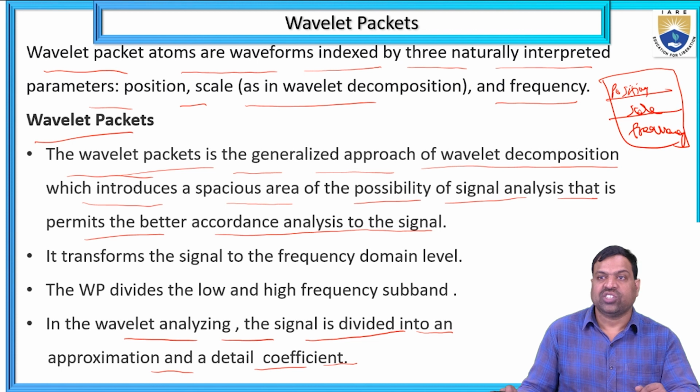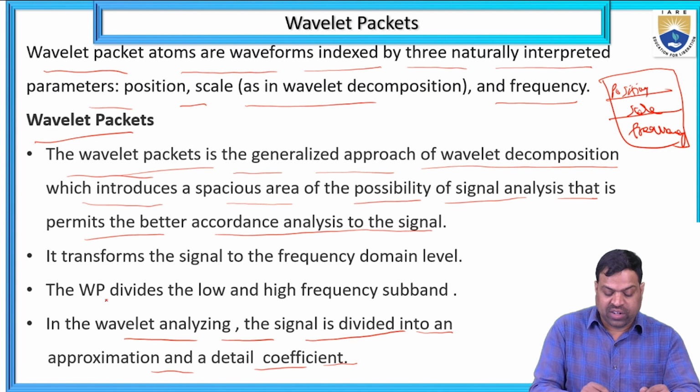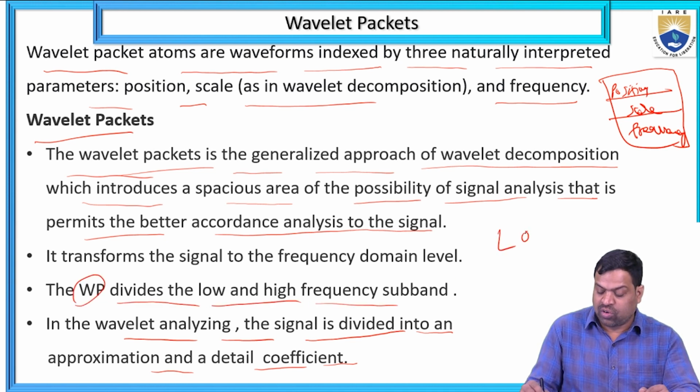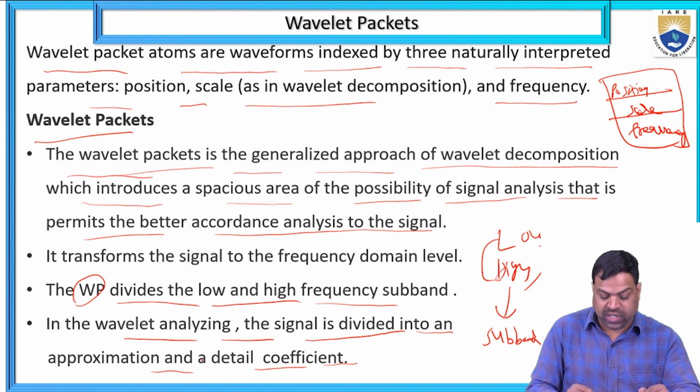So it is a generalized approach of decomposition of the wavelet, and these are the possibilities of analyzing the signal, permitting a better analysis of the signal. The wavelet packet divides into the low and high level subbands. So these are the subbands, low level subband and high level subband, that hold the detail coefficients.